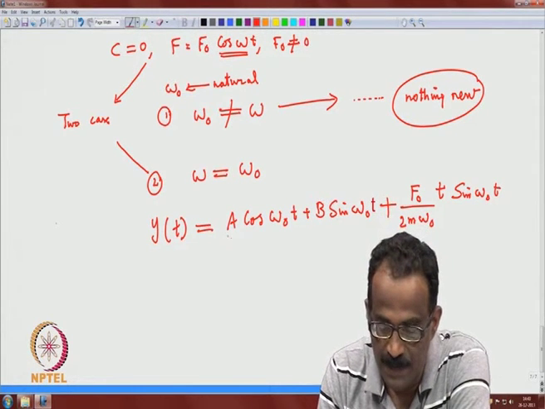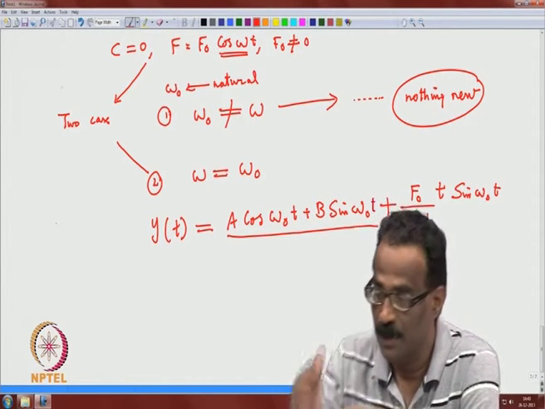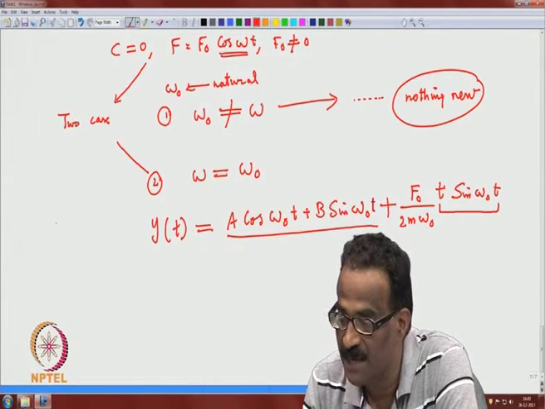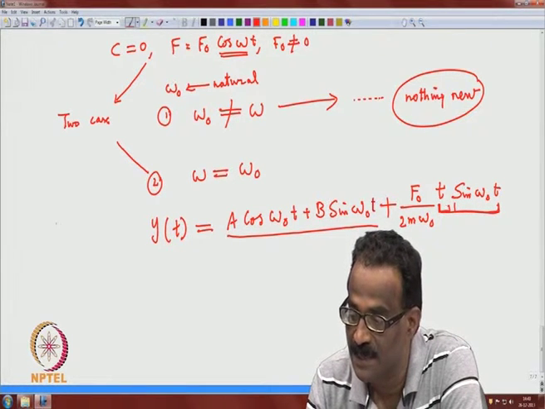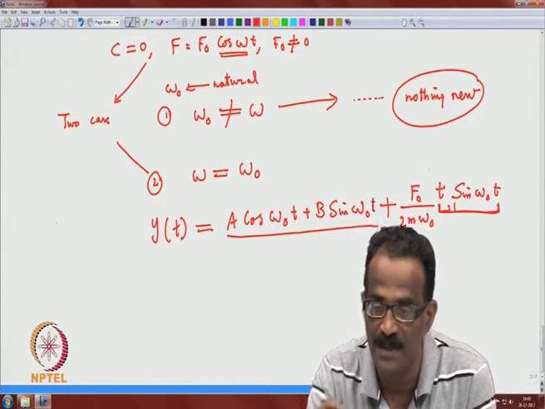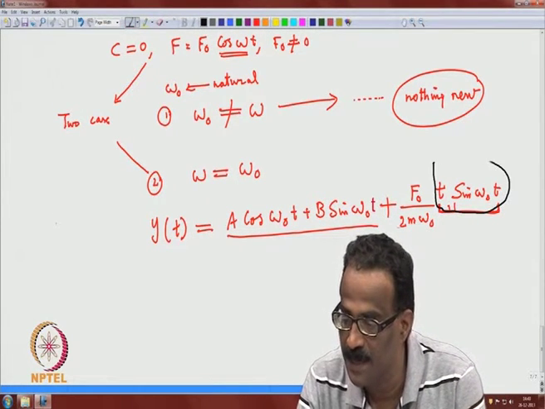Now look at this fact: this will oscillate without reducing your vibration amplitude, but here you see a factor. This is not only oscillating; as t increases, the amplitude of this portion increases.